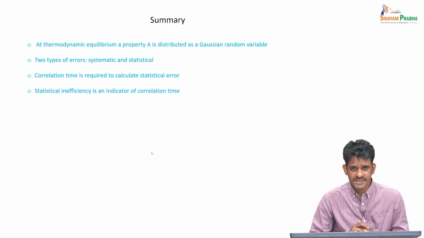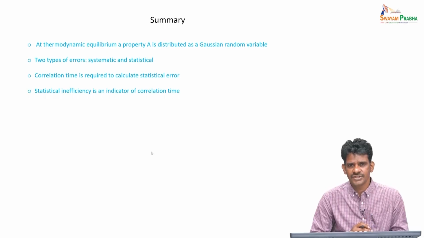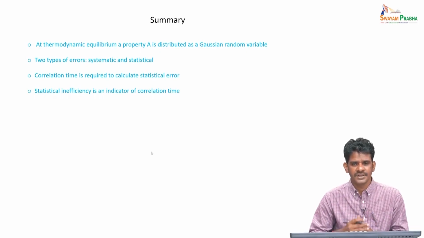In calculating statistical error, we need to find out the correlation time for that particular property, which could either be explicitly calculated in a pre-simulation, or found by defining the statistical inefficiency with a blocking operation. And once you get the correlation time, then we can obtain the error in the mean calculation.